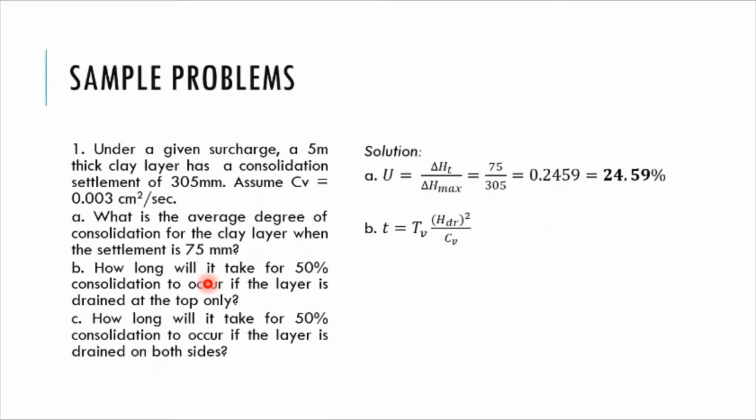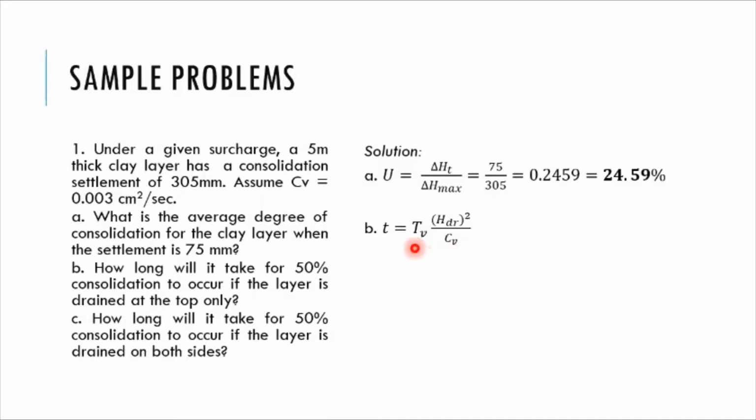And then, how long will it take for 50% consolidation to occur if the clay layer is drained at the top only? We already know that the formula is Tv equals Cv t over Hdr squared. So we need to know the time. In this case, time is equal to Tv, the time factor, multiplied by Hdr squared over Cv.